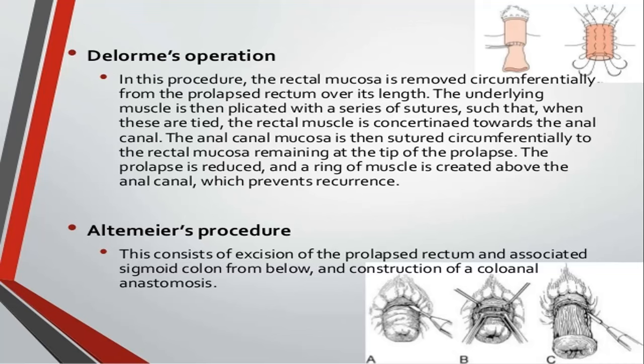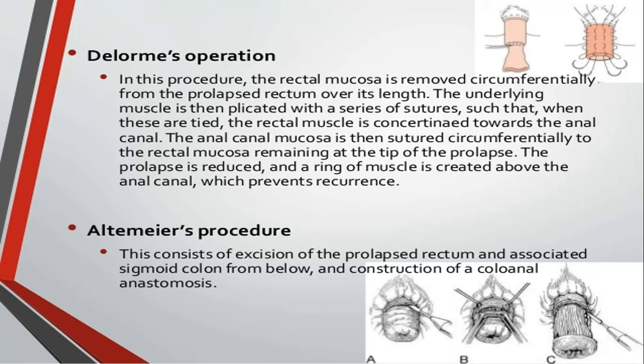In Delorme's operation, in this procedure, the redundant extra rectal mucosa is removed circumferentially from the prolapsed rectum, over its length. After circumferentially removing the mucosa, there are the underlying muscles.